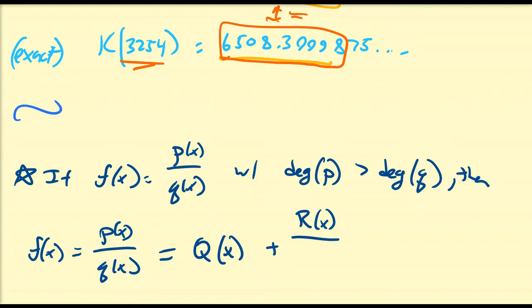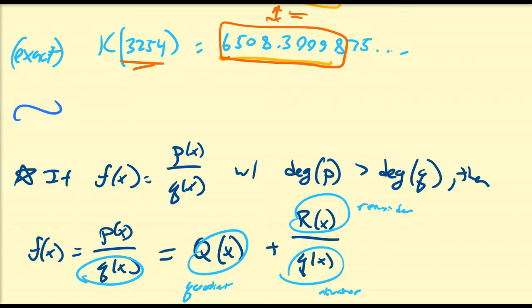So this is the quotient, this is the remainder, and this is the same divisor as before. And this is after long division.